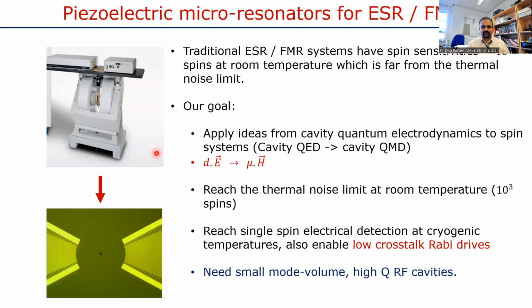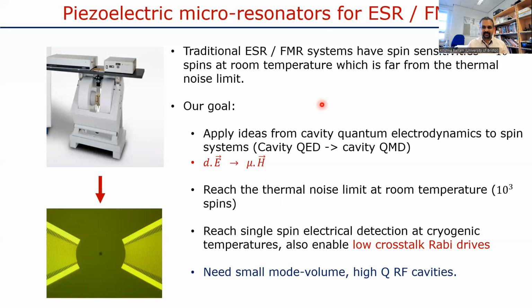The key here is, again, related to the problem of quantum transduction. If you look at traditional electron spin resonance systems, they have spin sensitivities on the order of 10 to the 12 spins at room temperature. And if you do a back of the envelope calculation, this is many orders of magnitude greater than the fundamental detection limit, or the fundamental thermal noise limit.